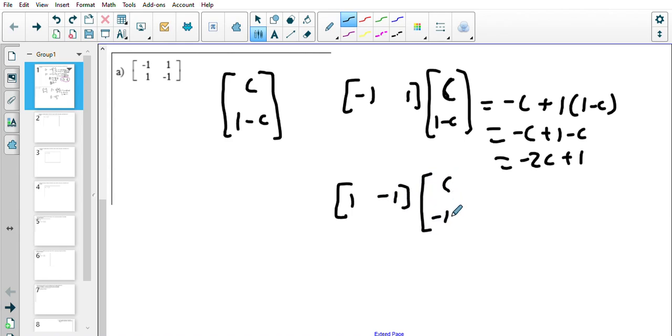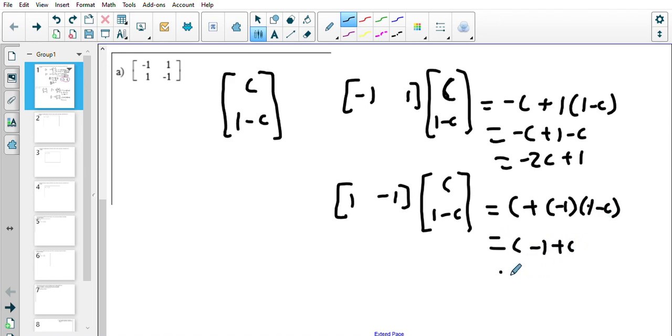And then if they play that strategy against the second row, 1, -1 against C and 1 minus C, that will be 1 times C is C, plus a -1 times 1 minus C gives us C minus 1 plus C, or 2C minus 1.